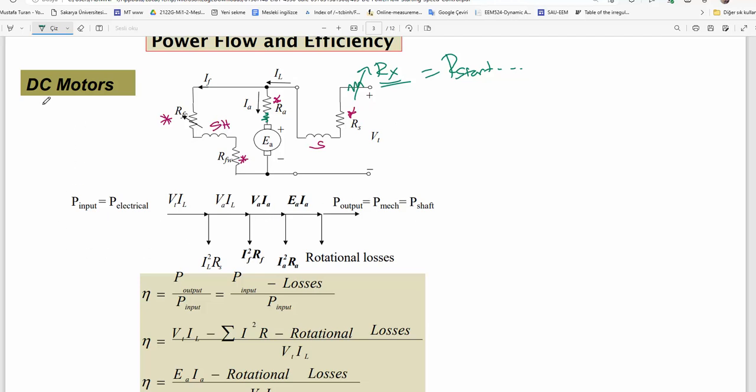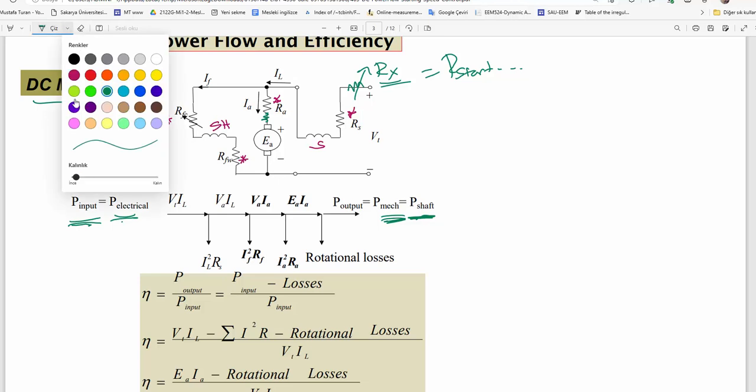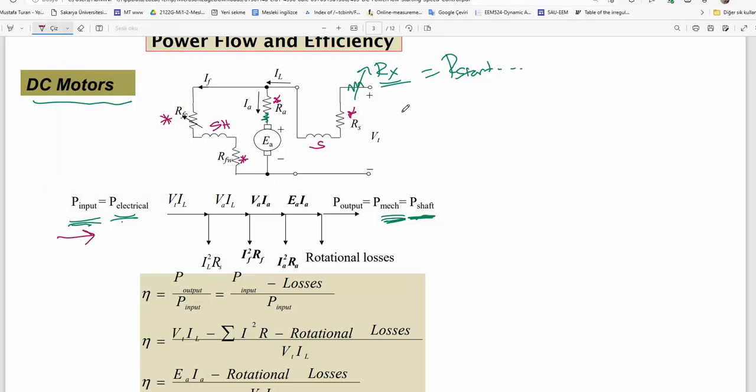Now, as you see, in motors, we apply electric power, which is input power, and we will have mechanical output. First, you apply electric power here. Let me change color. We apply electric power here. And here are serial winding losses. Here it is: copper loss in the serial field coil.